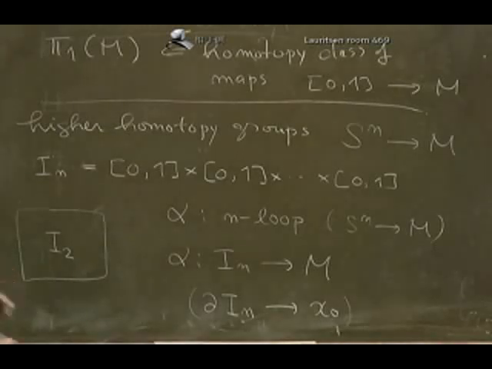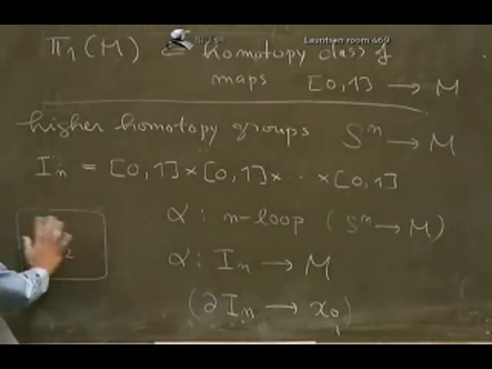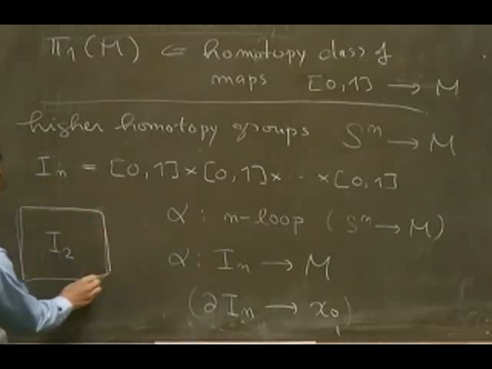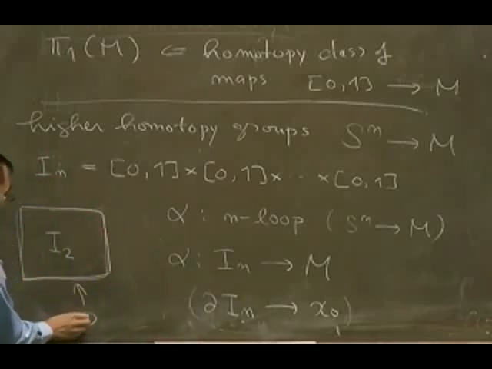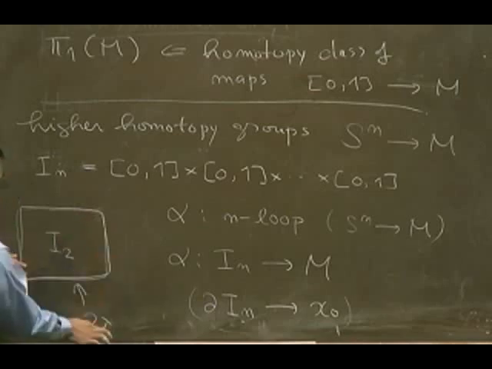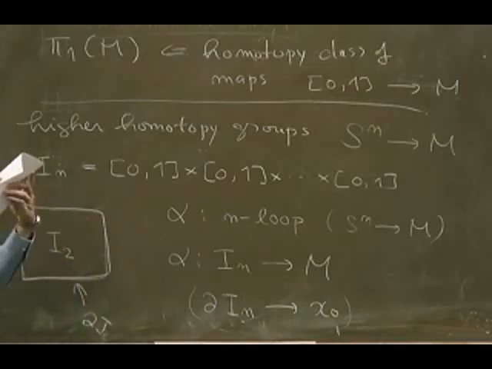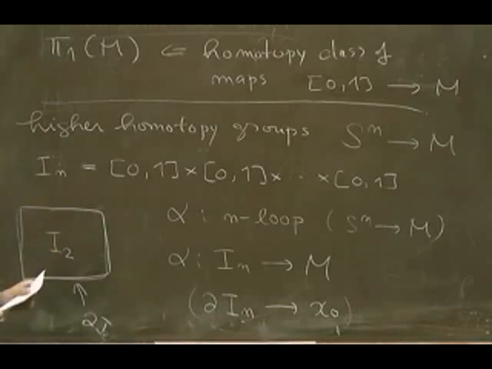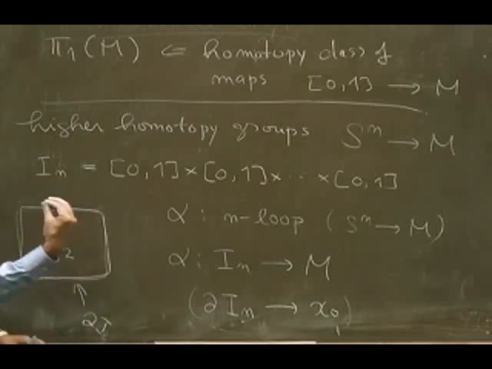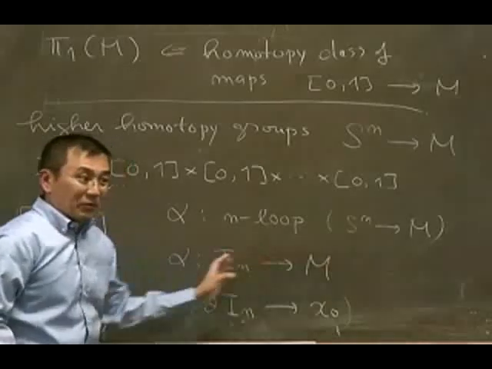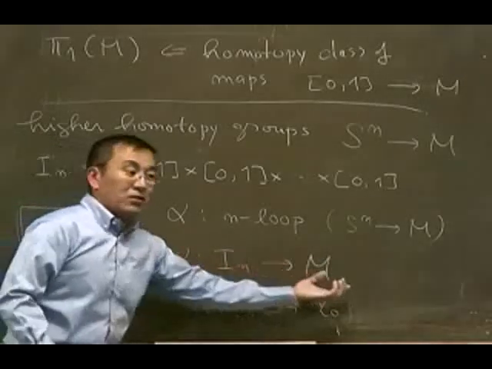So you have this I2 which gets mapped to M, but the boundaries are all mapped to the same point. So it's like you shrink this piece of paper and then it doesn't look like a sphere, but you should think of this as a sphere because all these perimeters are mapped to the same point. So this is indeed a map from the n-dimensional sphere to M.